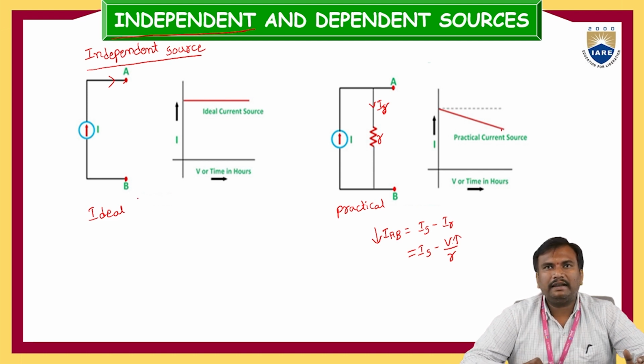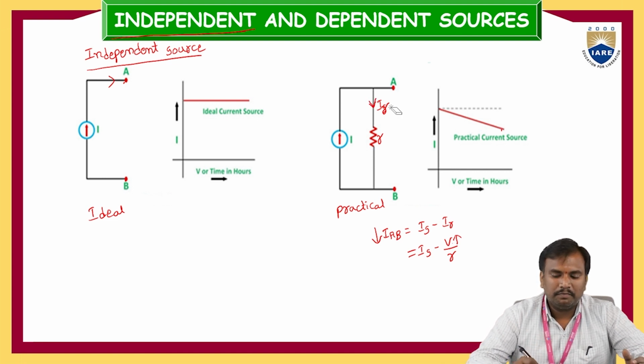When we take the practical current source, the current source will be in parallel with a resistance. When there is a parallel resistance, some current will flow through it.